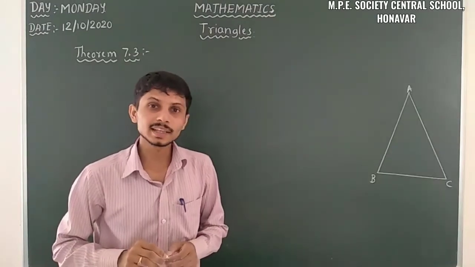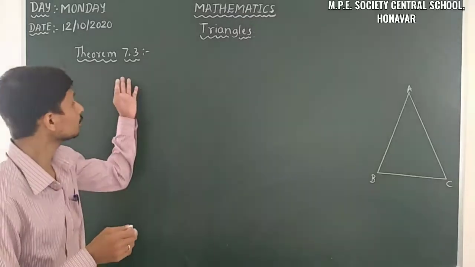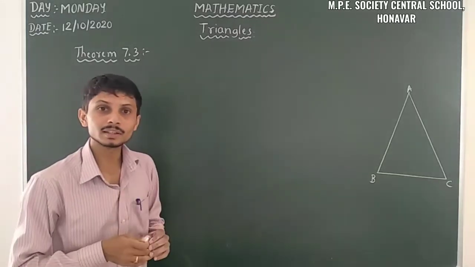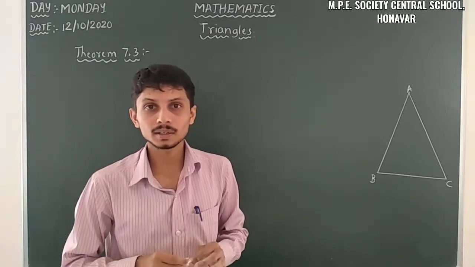So let us take the converse of this theorem. The converse of this theorem, we can take as theorem 7.3. We already know that angles opposite to the equal sides of an isosceles triangle are equal.